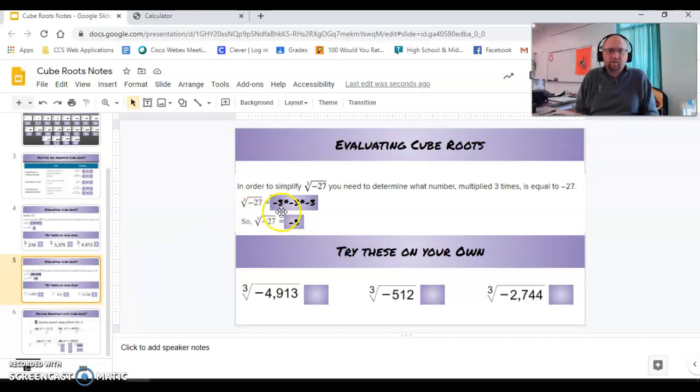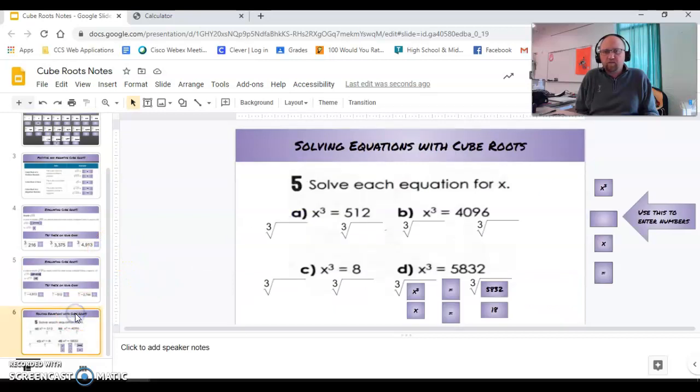Slide 5, you need to enter exactly what looks like this in that box. You need to have a negative 3 there, and then you need to evaluate these 3 cube roots. And then for number 6, you need to solve equations A, B, and C, just like I've done down here in equation D. When you've done all that, you can click Submit into Google Classroom, and then I'll get a chance to look it over, and I'll score it.